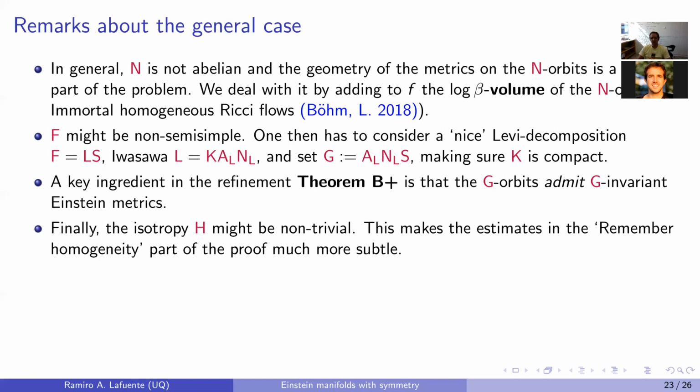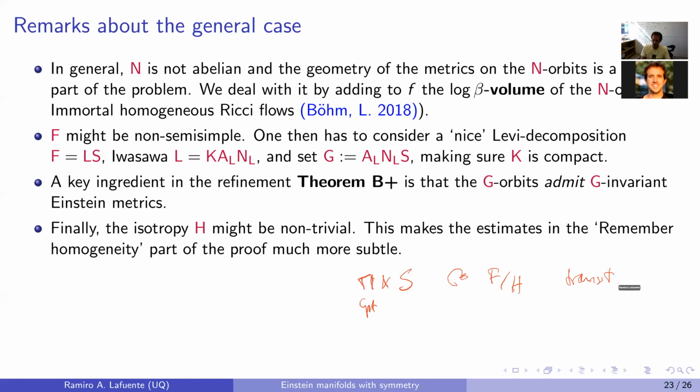Now, in general, when H is allowed to be non-trivial, the estimate in the previous slide is much more subtle, and actually, in some cases, equality holds, right? Because when H is K, equality must hold. But equality holds even in more cases, in fact. The good thing is that when equality holds, you can conclude that there is a group of the form something compact times something solvable, which acts transitively on your homogeneous space.